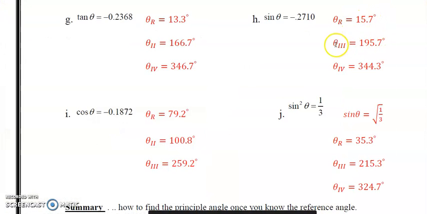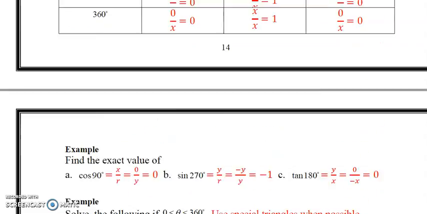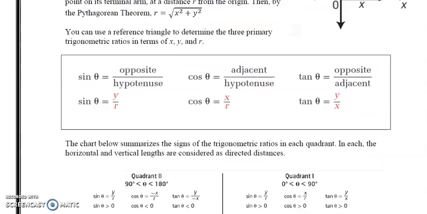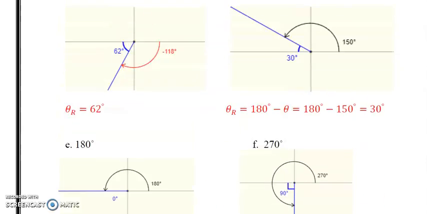So basically, to get the quadrant 3 angle, you take your 180 and add your reference angle, and if you have quadrant 4, you take 360 and subtract your reference angle. And that goes all the way back to what we learned in section 1.